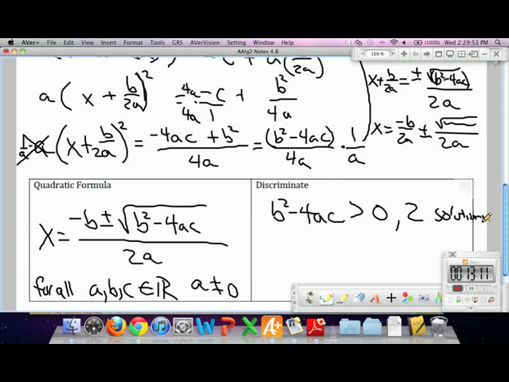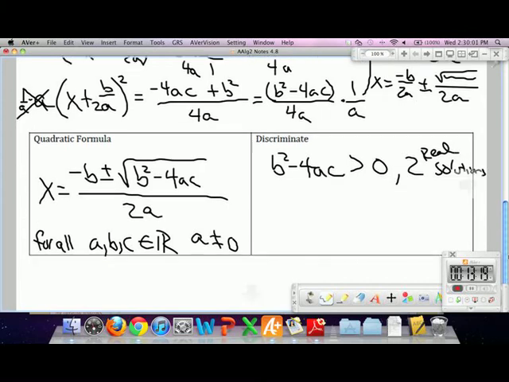If the discriminant is equal to 0, then there is 1 real solution. And if the discriminant is less than 0, then you get no real solutions, but you get 2 complex solutions.